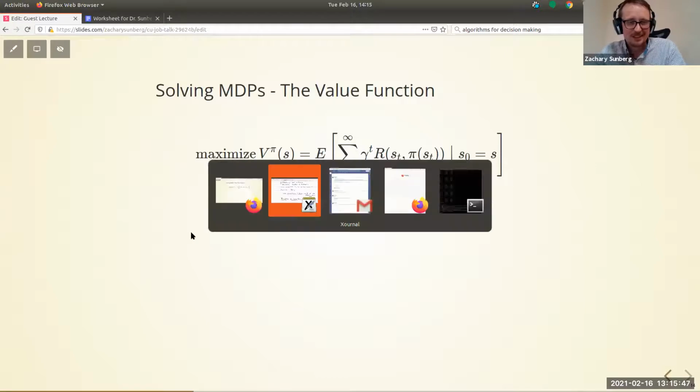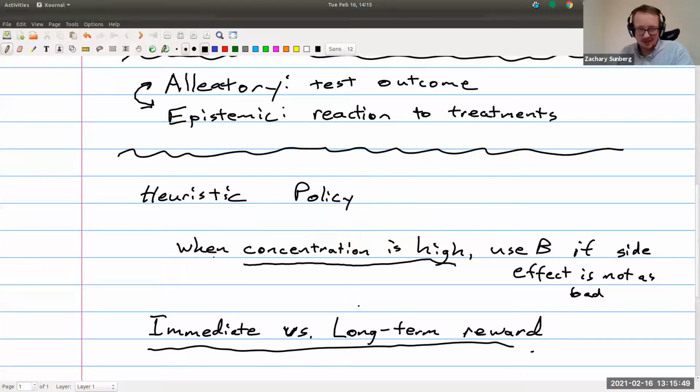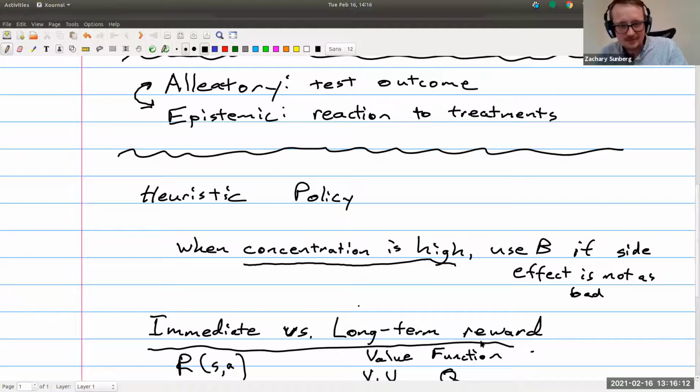Whenever you think about immediate versus long-term rewards, for immediate rewards you should think about the reward function, and for long-term rewards you should think about the value function. Unfortunately, there are a lot of different notations. Most people use V, some people use U, and we'll also talk about something called the Q value in a second.